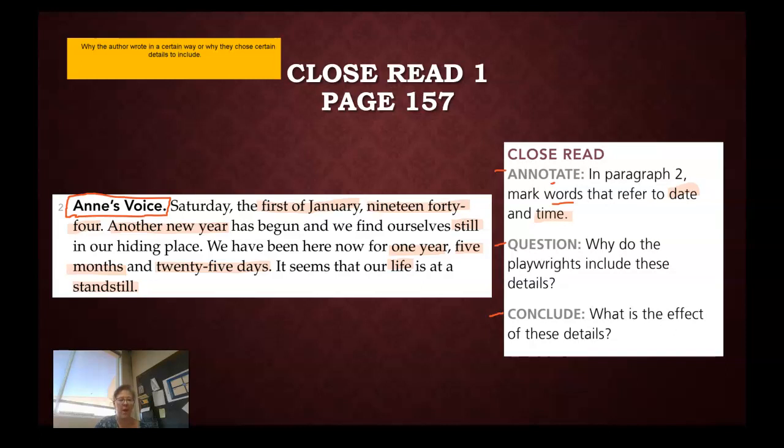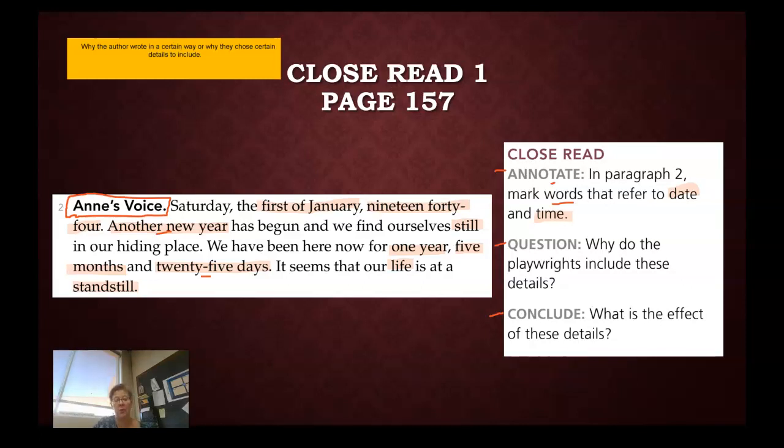She's telling us when it is. She's telling us yet another new year has passed. They're still where they were before. They're still hiding. She tells us down to the day. That tells us she's counting the days to get out of there. She's ready for this to be over. With feelings of being stuck, I think she could be feeling annoyed, frustrated, trapped.